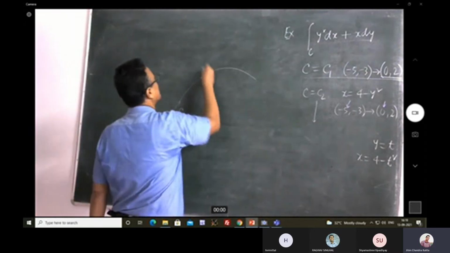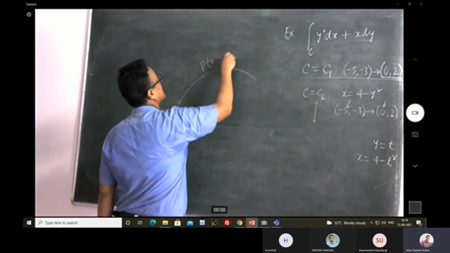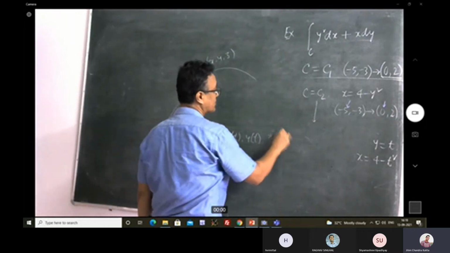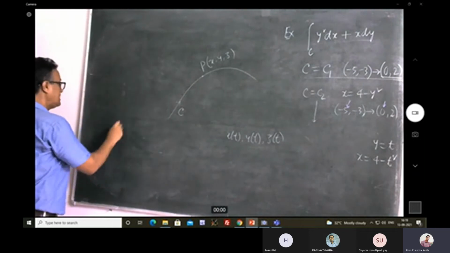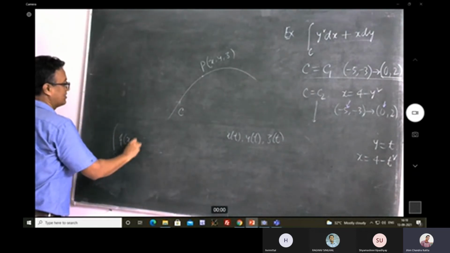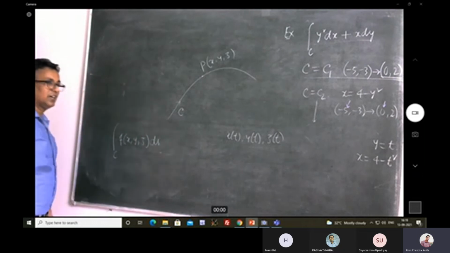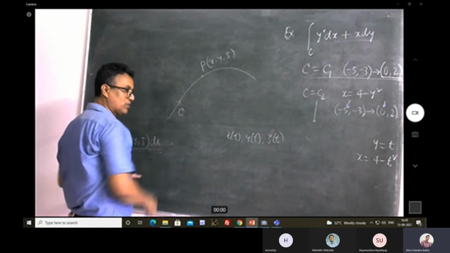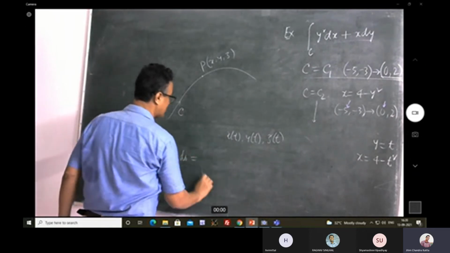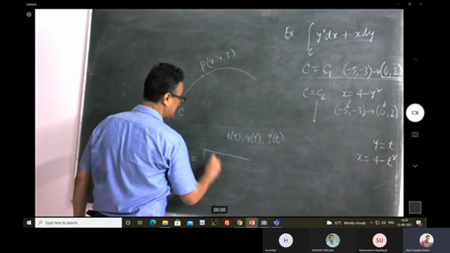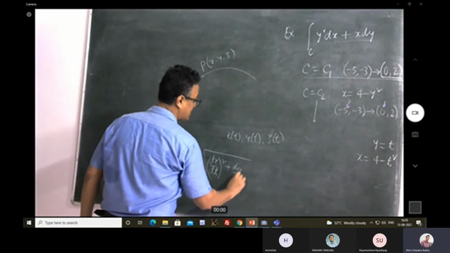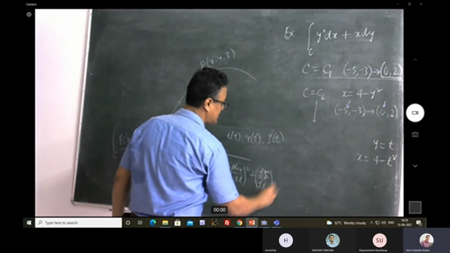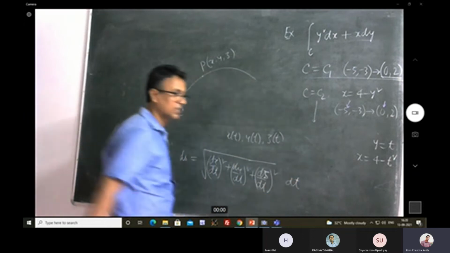The only thing is that here, if I consider a point P(x, y, z), it is going to be parameterized by x(t), y(t), z(t). And again, my line integral will be denoted by this. In 3D space, if I want to parameterize it, then ds is simply the square root of (dx/dt) whole square plus (dy/dt) whole square plus (dz/dt) whole square, times dt, isn't it?